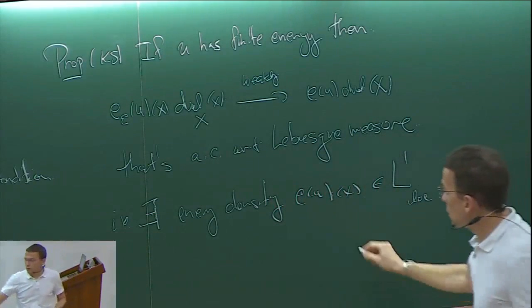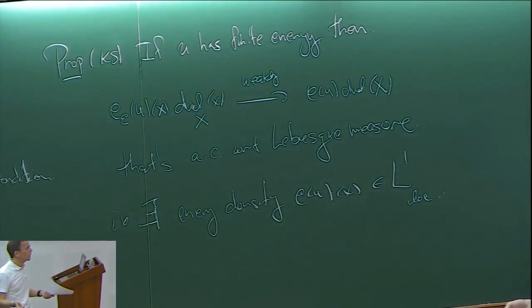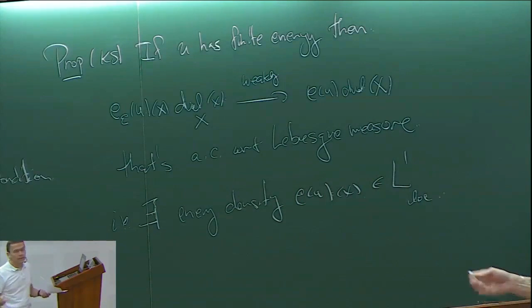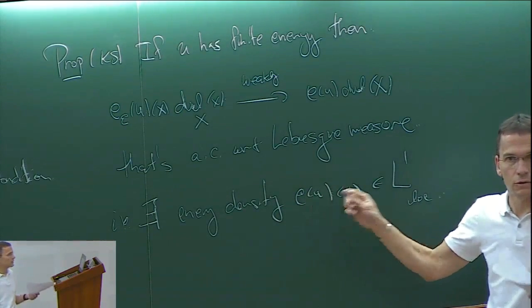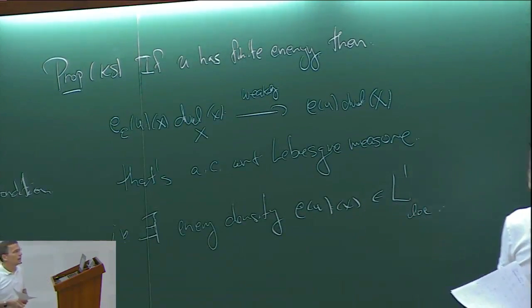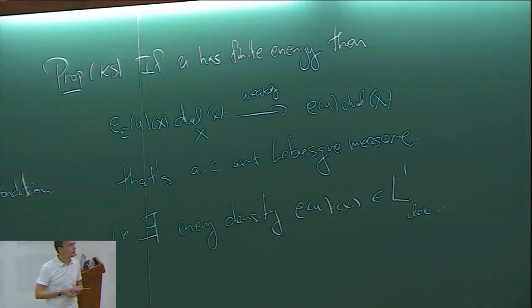And this plays the role of the norm squared of du. But this is not necessarily the square of anything. It's just the energy density. And so this is the key proposition that makes everything start to work.